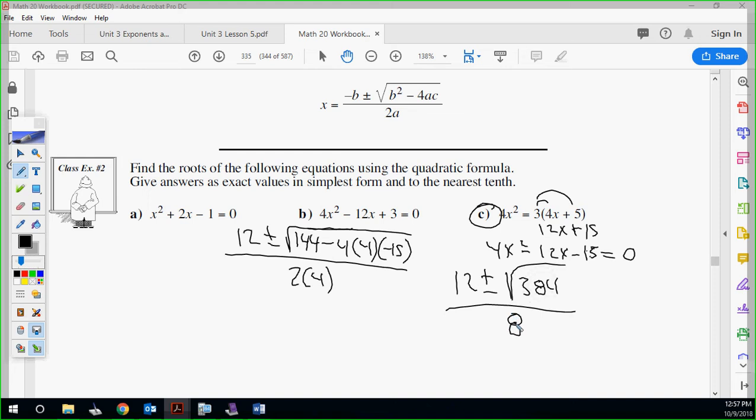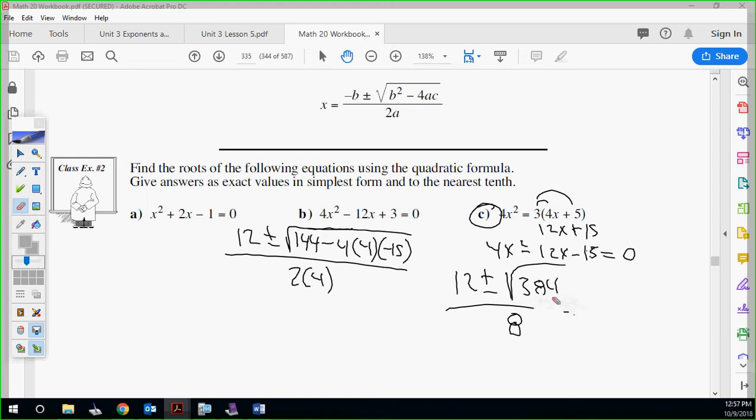Now we have to break 384 down. So I would try a 16, I'd try an 8. Let's see here. 16 times 24. So that means there's a bigger one, huh? So I have, let's see here, 64. 64 and 6, yeah, that's our best one. Now, if you did 16 and 24, you could still get there.